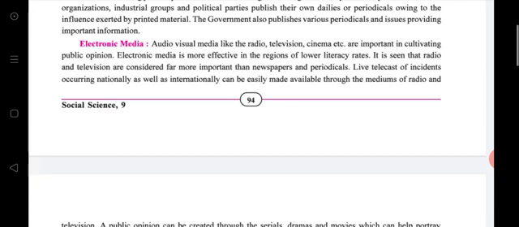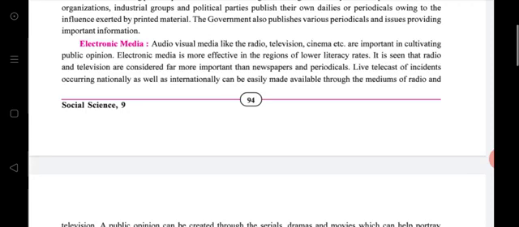Okay, so electronic media, audio visual media like the radio, television, cinema, etc. are important in public opinion. Electronic media is more effective in regions of lower literacy rate, right? This point I also told you at the start of this topic.